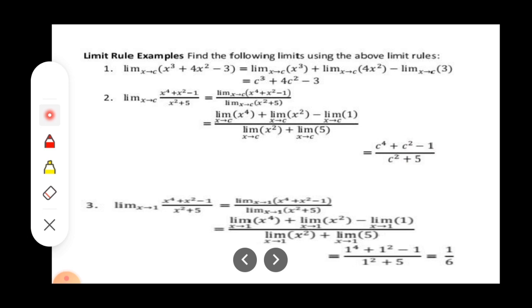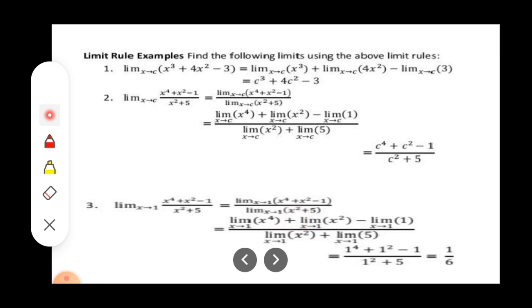So, the limit of the function x to the fourth plus x squared minus 1 over x squared plus 5 as x approaches 1 equals the limit of the function x to the fourth plus x squared minus 1 over x squared plus 5 as x approaches 1.